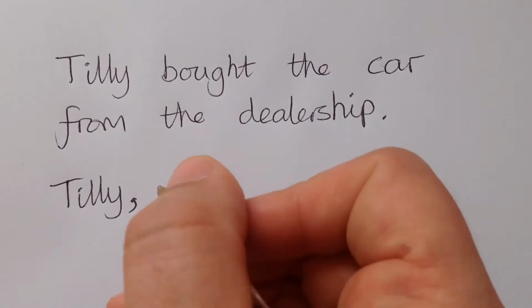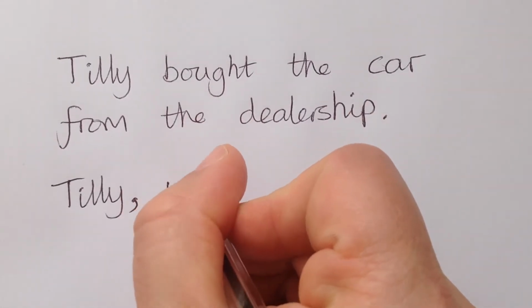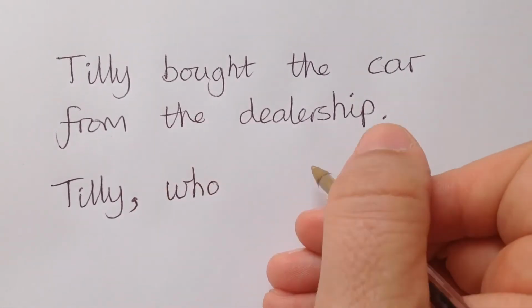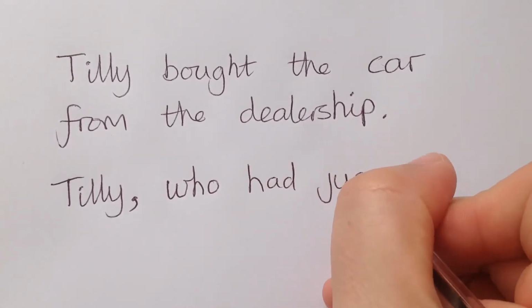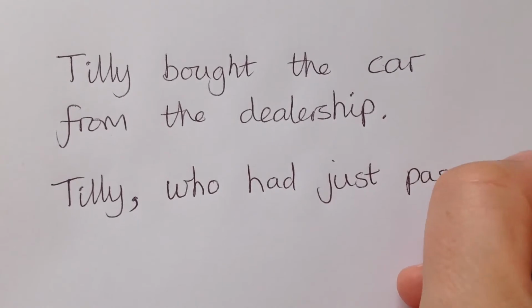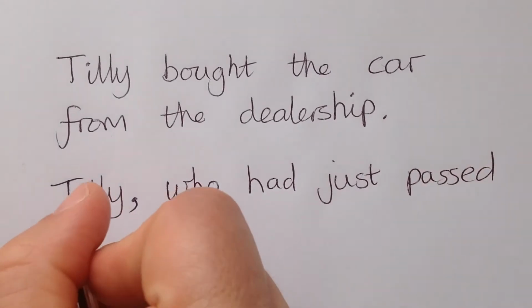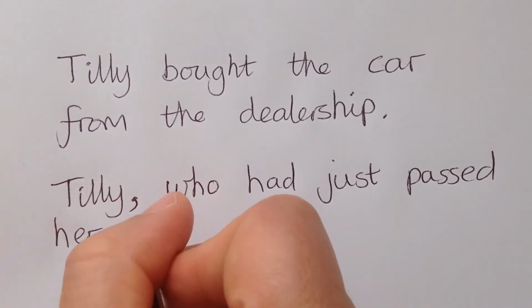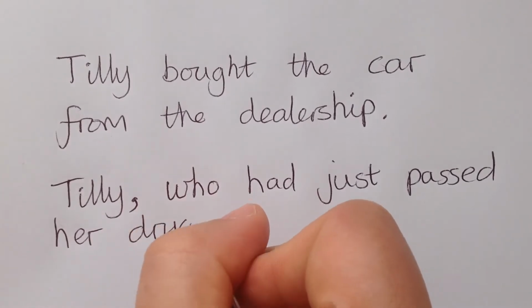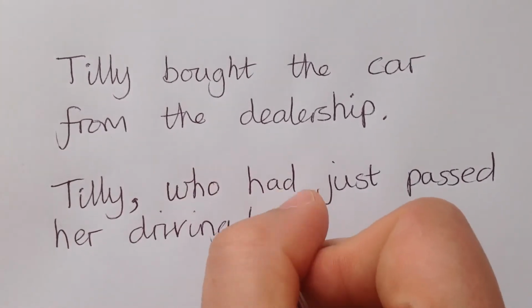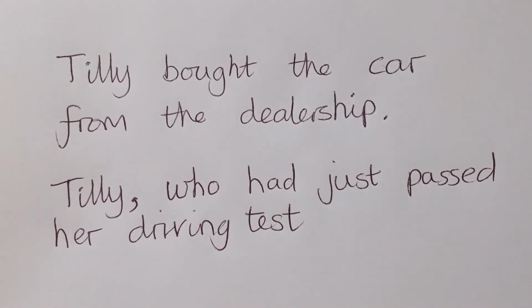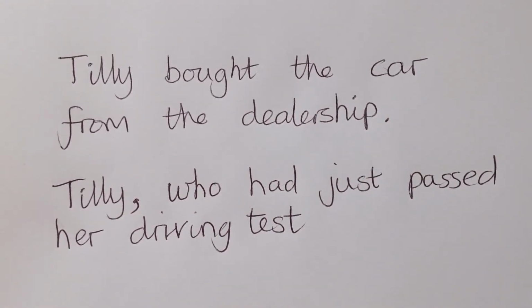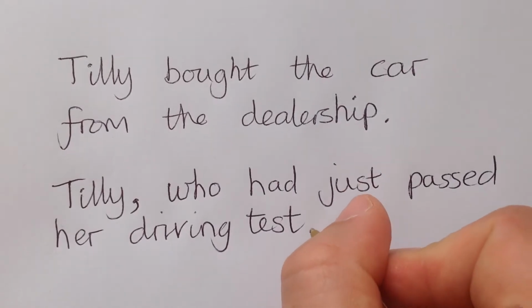So I'm going to add in, because that would make a reason why she'd be going to buy a car. Tilly, who had just passed her driving test, now I've dropped in the extra bit of information.